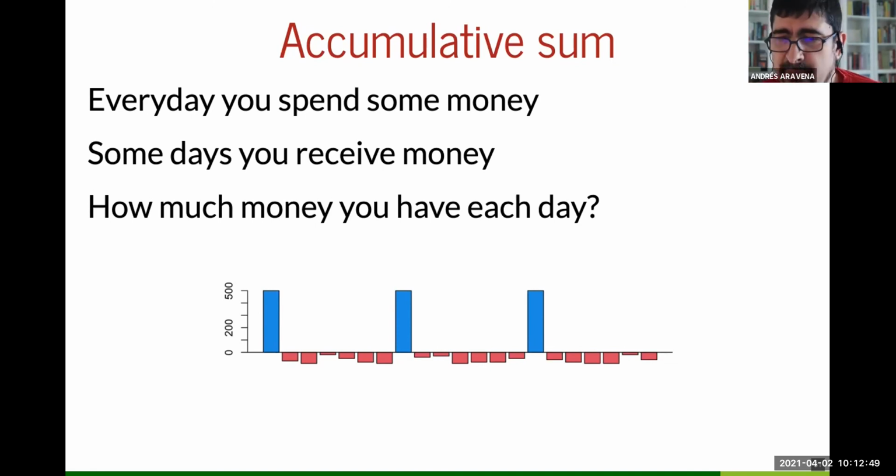So basically, the money that you have now is the money that you had before plus whatever came in or out. In positive, out negative. I guess that this is what you do every day. How much money do you have? Well, depending on what you had before and what changed. Yes. That's it.